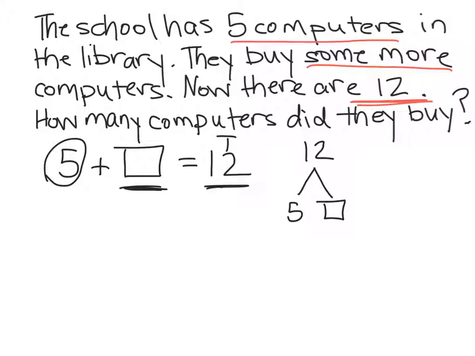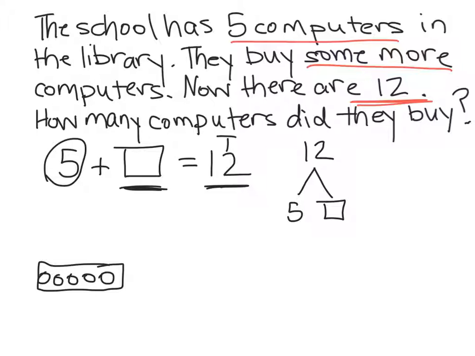So there's a couple different ways that I can solve this. I'm going to use some circles to try and solve this. I'm going to start with 5 computers that they started with. So I have 1, 2, 3, 4, 5. That's the 5 computers they started with. I know they have to have 12 computers total.